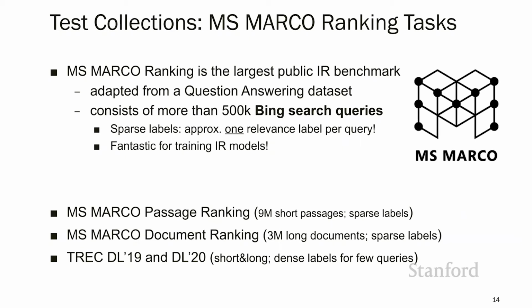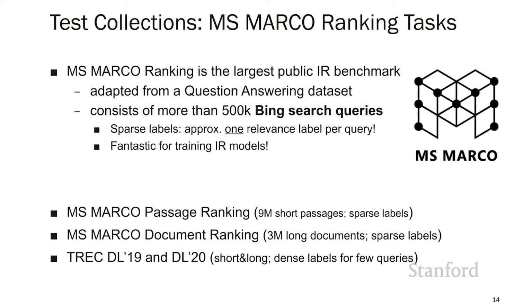Each query here is assessed with 1 or 2 relevant documents, and we assume everything else is not relevant. And having this sparse annotation is often not a problem at all for training because we have so many training instances. And so MS Marco provides a tremendous resource for us when it comes to building and training IR models, especially in the neural domain.